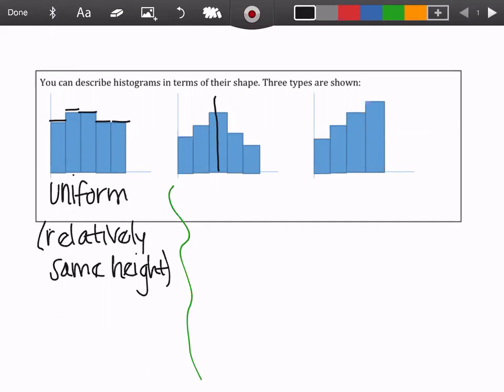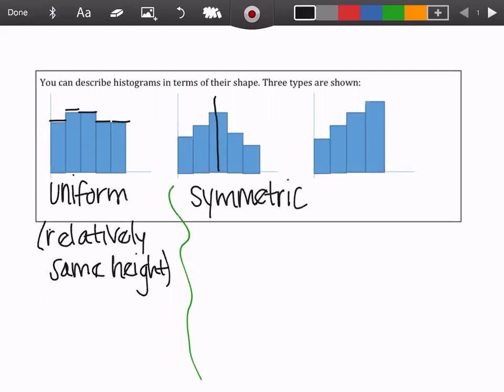And if we were to fold that graph in half on that line, those 2 halves of the graph would overlap or be very, very close to overlapping. So when that occurs, that type of histogram is called symmetric.